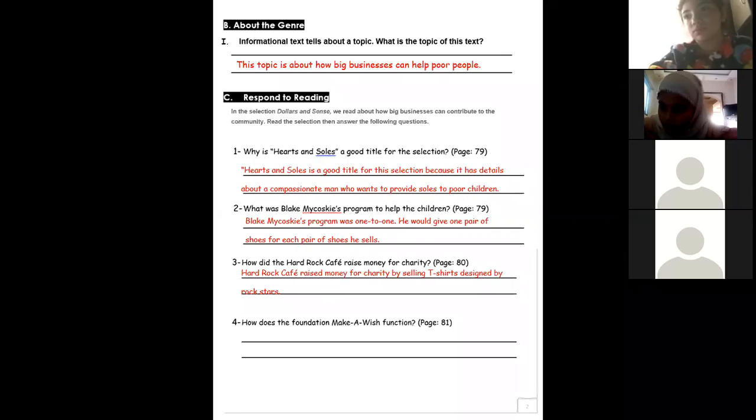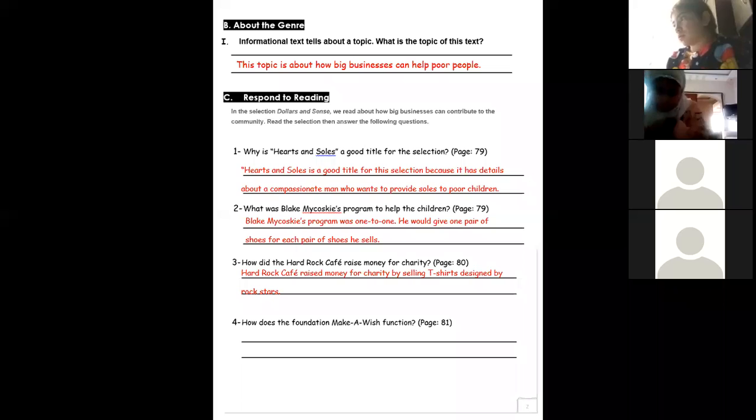How does the Make a Wish Foundation function? Based on page 81, based on what you read in the reading book.